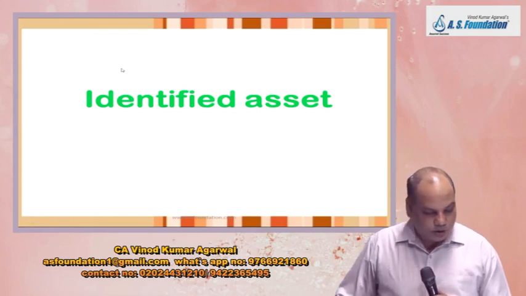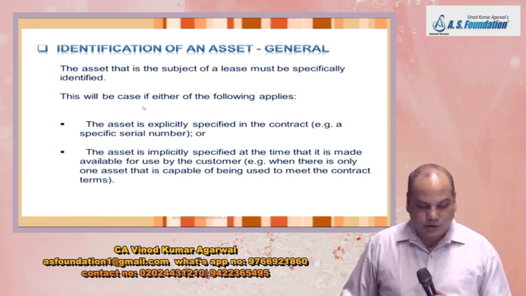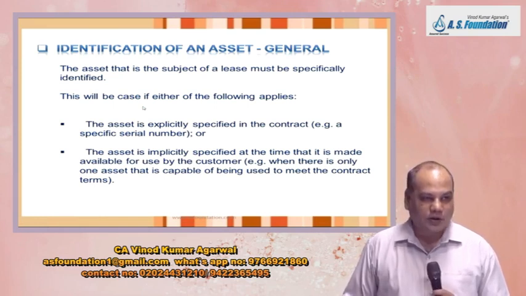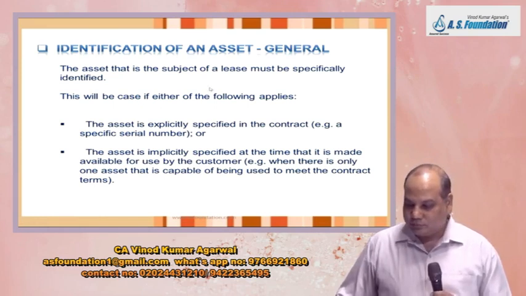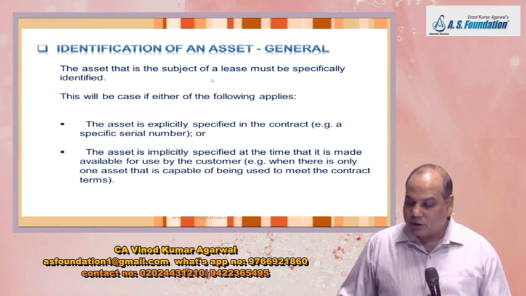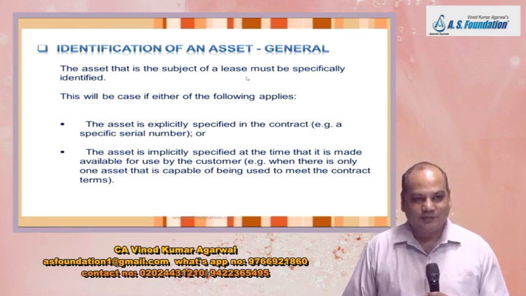Now the next paragraph is identified asset. So this is another topic now, identified asset. This standard is applicable if the lease is for an identified asset. So the first paragraph there, 3.3.1: the asset that is the subject of a lease must be specifically identified.